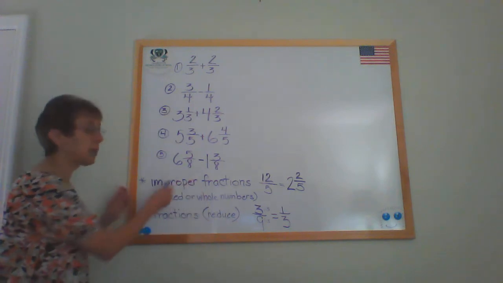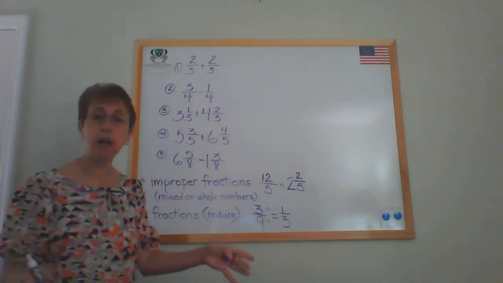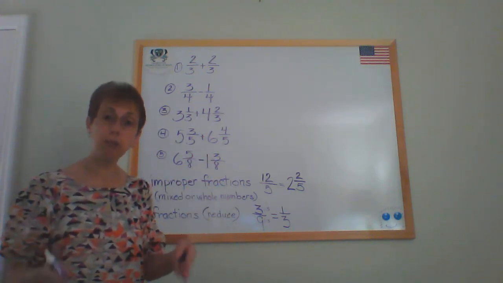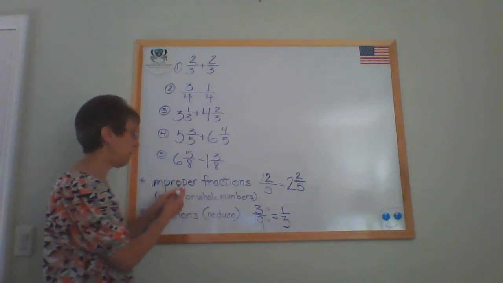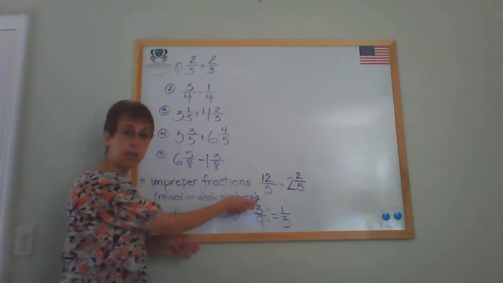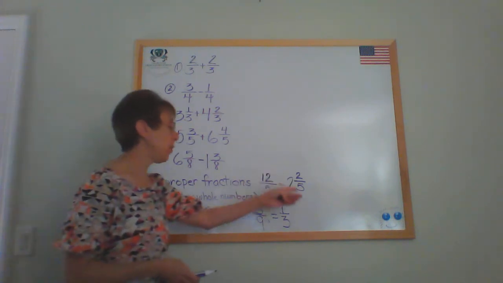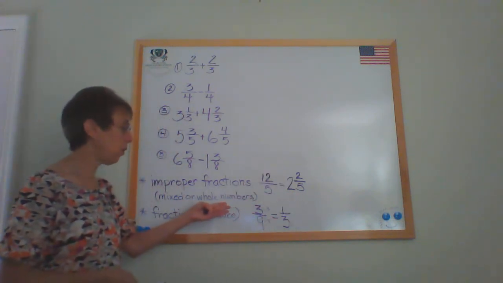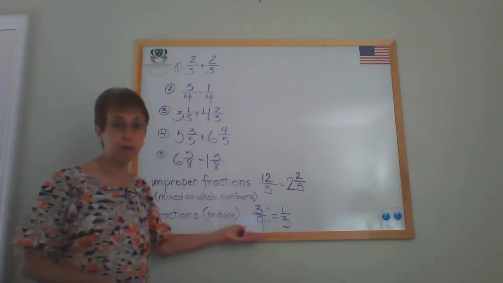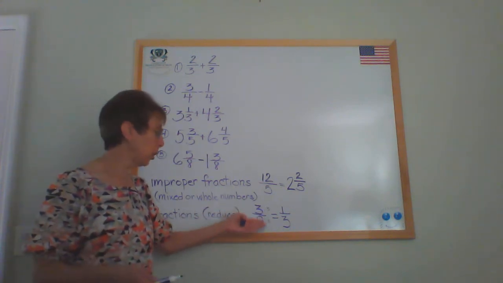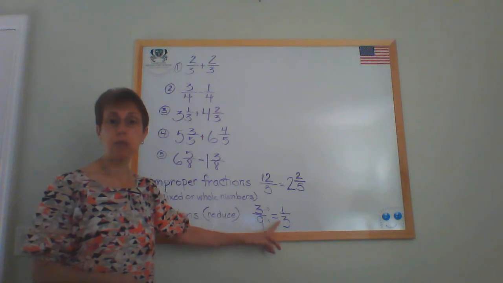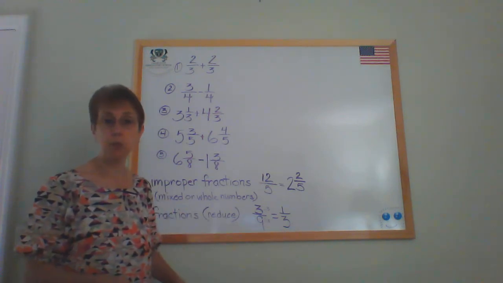That's our bottom line in today's lesson: if you have an answer that's an improper fraction, you cannot leave it that way, and you have to change it either to a mixed number or a whole number. And anytime you have a fraction for your answer, make sure that it's reduced. If it's not reduced, you must reduce it.